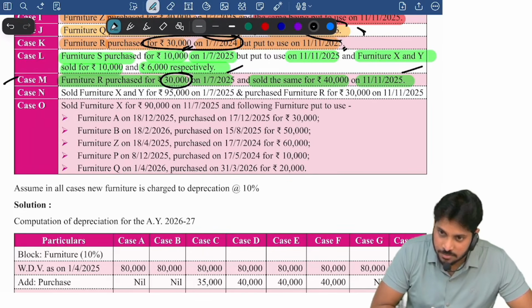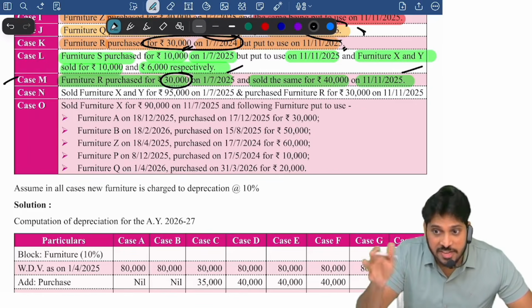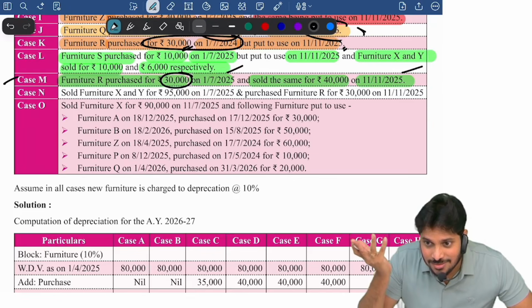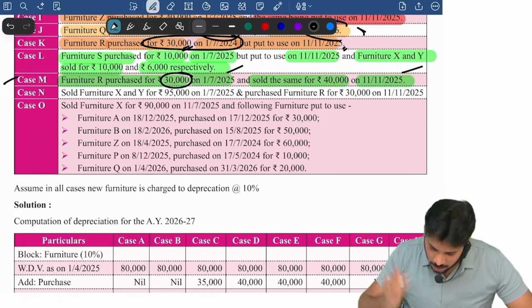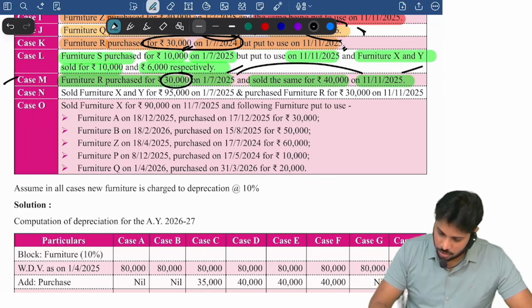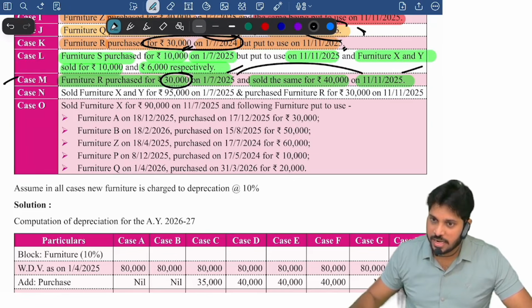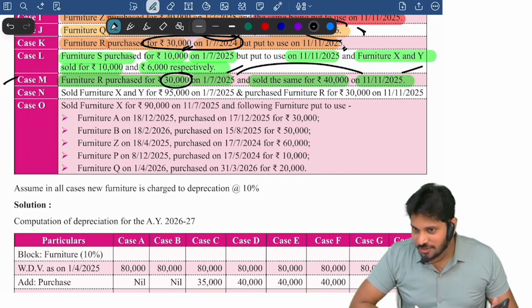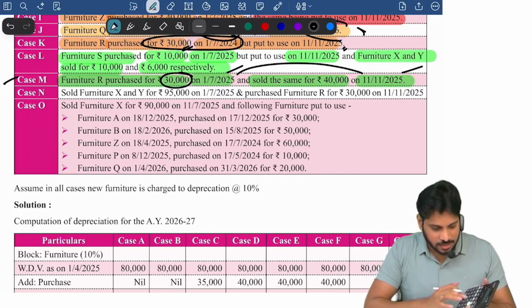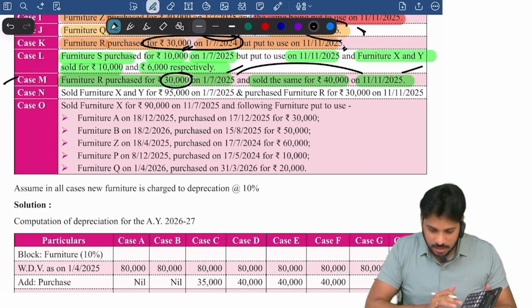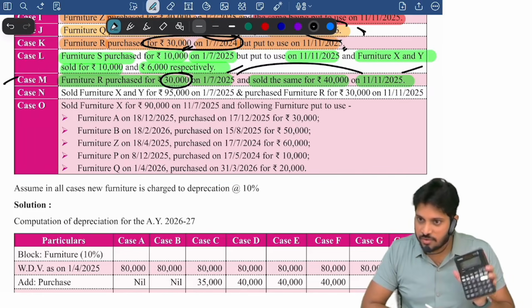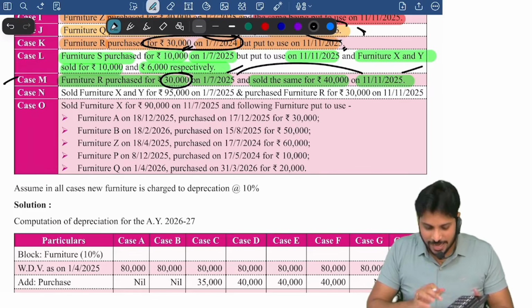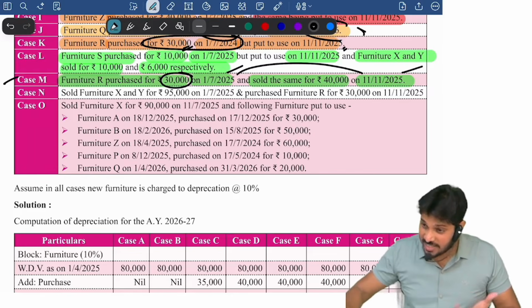Case number M. That's why when put to use is not given, we assume purchase date is put to use. 1st July to 11th November, how come it is 180? I assume that on 1st July it is put to use. July 31, August 31, September 30, October 31, November 11 days. It is used for 134 days only. So it is less than 180. Not even an assumption, it is clear.